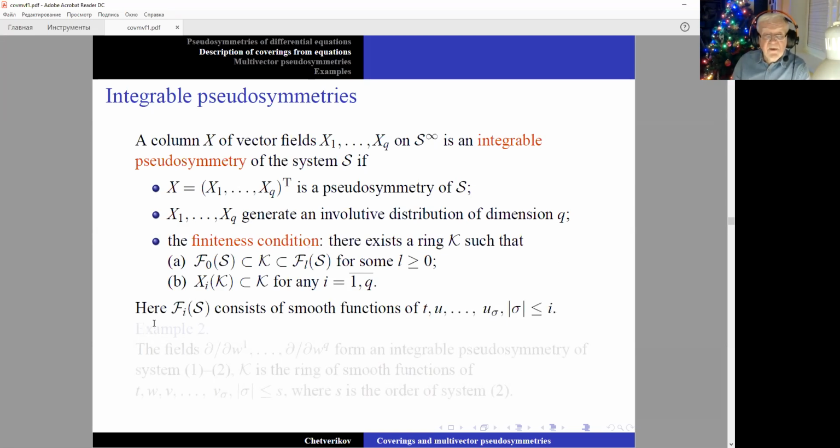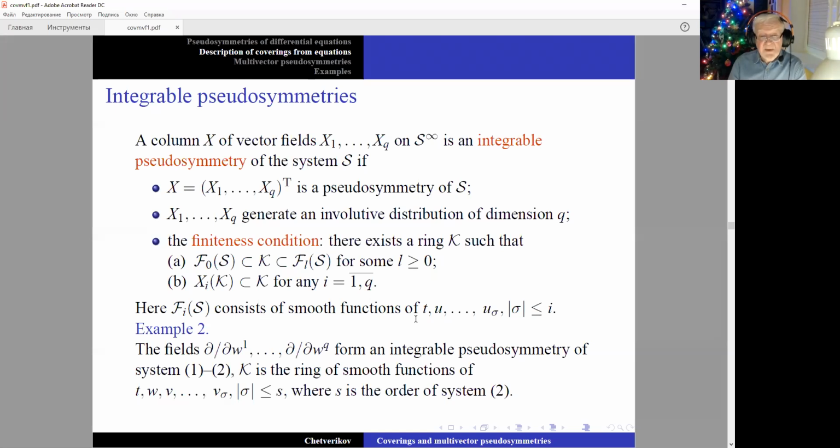Here, I_s consists of smooth functions of d, u sigma, where sigma is of such type.